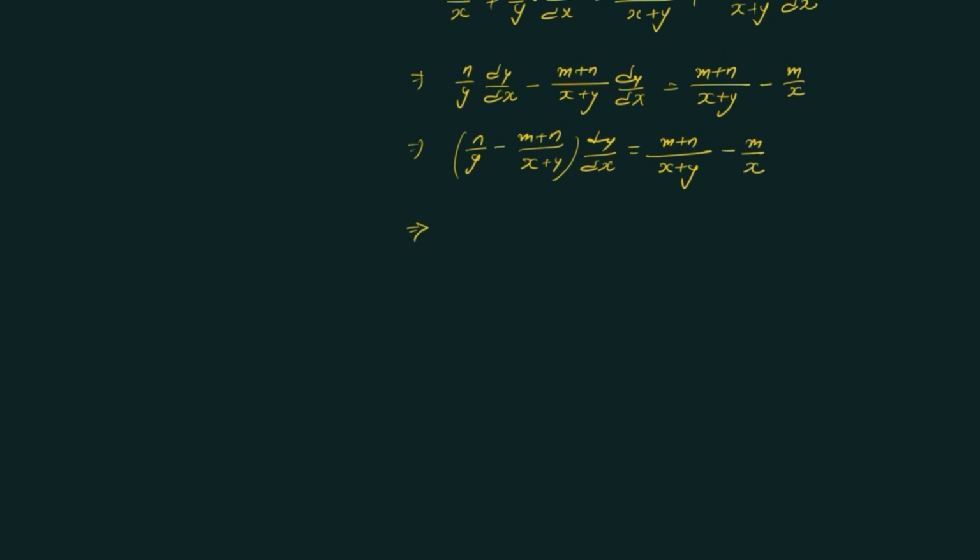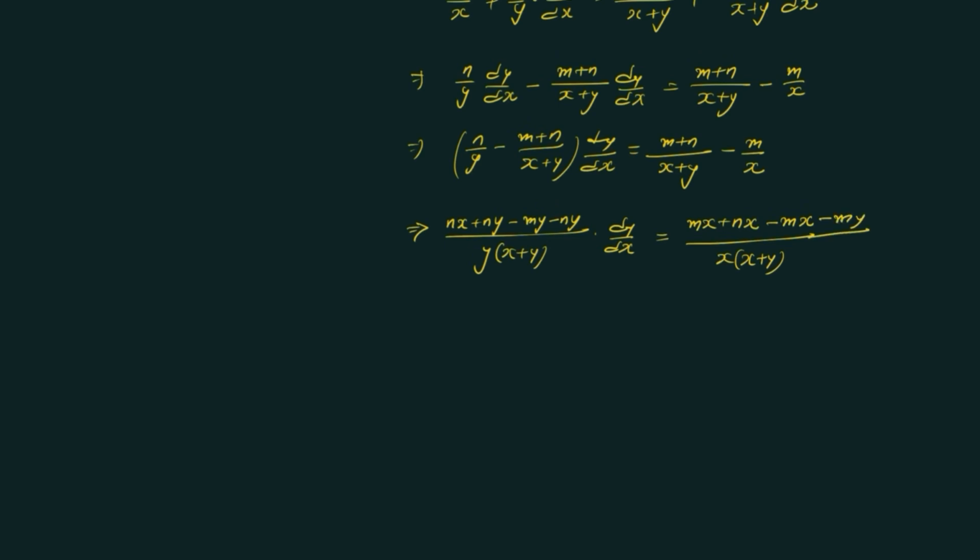So now let us take out LCM. So it will be y into x plus y, and in numerator it will be nx plus ny as my minus ny into dy over dx equals to, LCM will be x into x plus y, and in numerator it will be mx plus nx minus mx minus my.